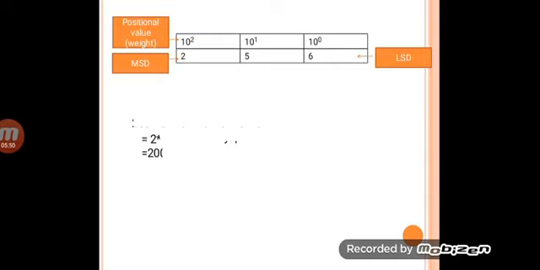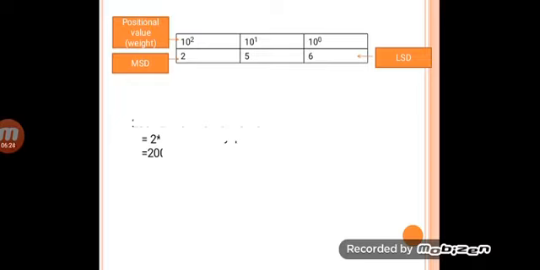Now see the table. The rightmost digit has the least positional value weight. Therefore, it is called the least significant digit, LSD. The leftmost digit has the maximum positional value weight. Therefore, it is called the most significant digit, MSD. In the above example, 6 is the LSD and 2 is the MSD.